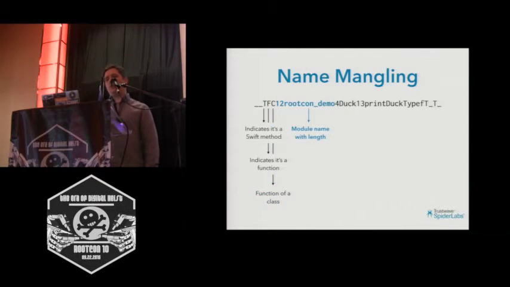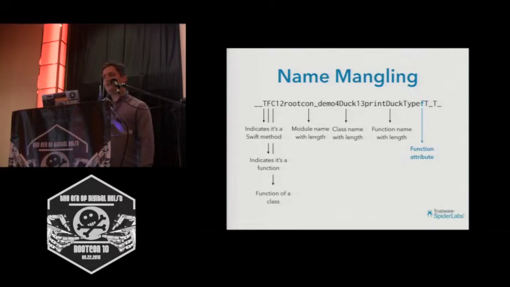Then you have the module name prefixed with the length. The class name prefixed with the length also. Then you have the function name also prefixed with the length. Then the function attribute, I'll go into the different attributes, but this one is that it's a function.